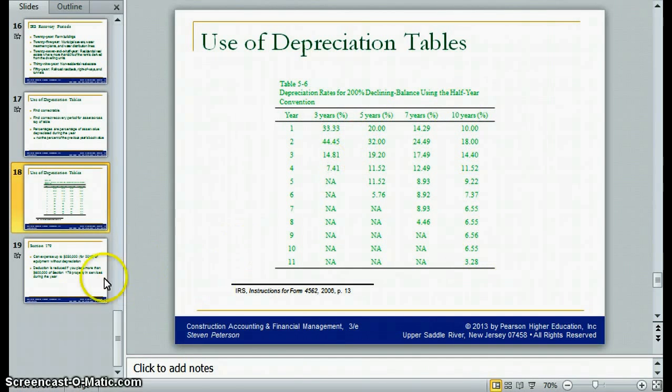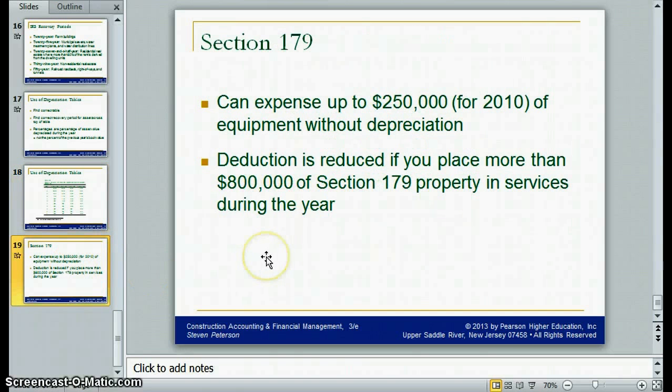Okay. One last thing is Section 179 of the tax code.